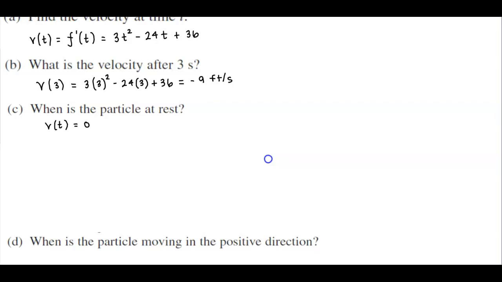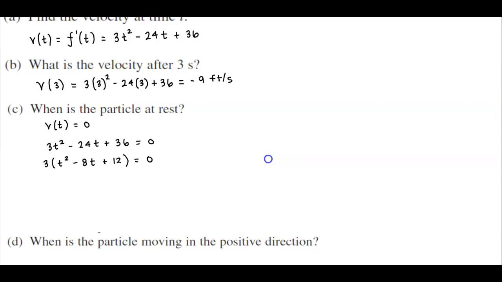So our function v of t that we found in part A is 3t squared minus 24t plus 36, and we set that equal to 0. Now if we factor out a 3, then we get t squared minus 8t plus 12, and that's equal to 0.